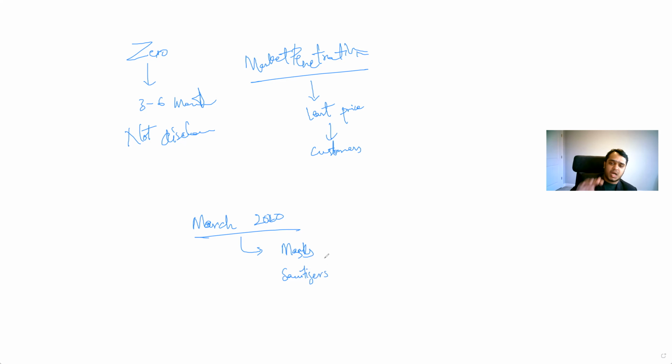Now, when these masks and sanitizers were in the market at this particular time, March 2020, what was the price? Was it low or was it high? I want everyone to put it down in the chat section. I can see here, high.